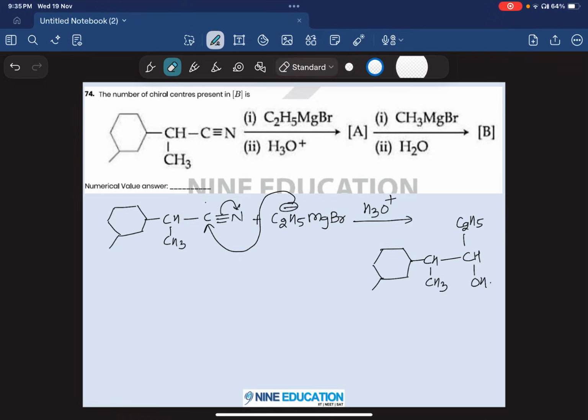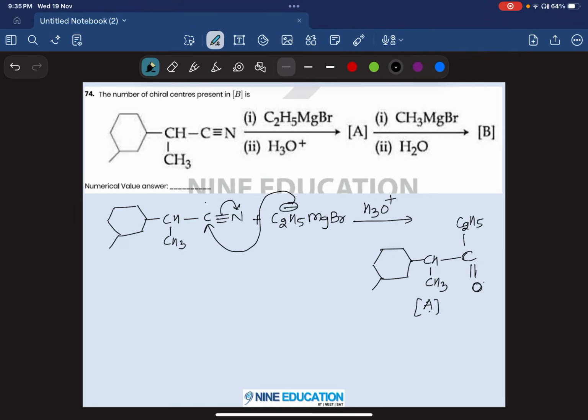I'm sorry, ketone is formed instead of ammonia. This is the product which is formed in this case after hydrolysis. So this is the product A.